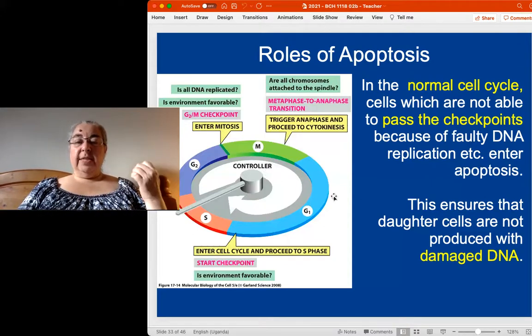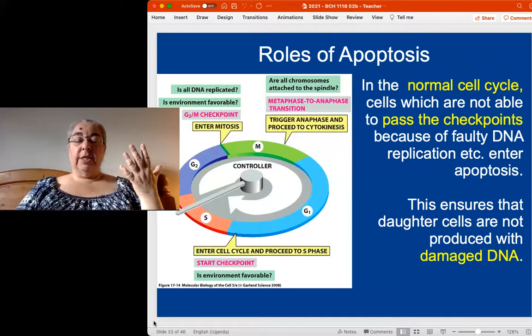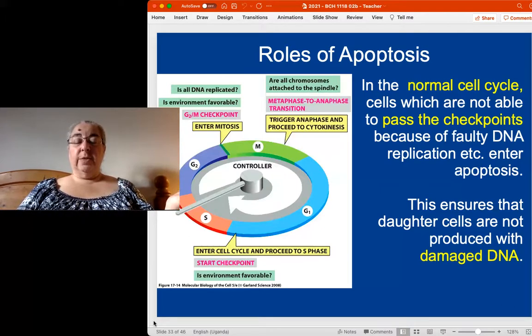So this is one of the processes that makes sure that cells that have gone wrong aren't allowed to continue to be present, and that most especially are not allowed to divide themselves and pass on that mistake to a new generation of cells.